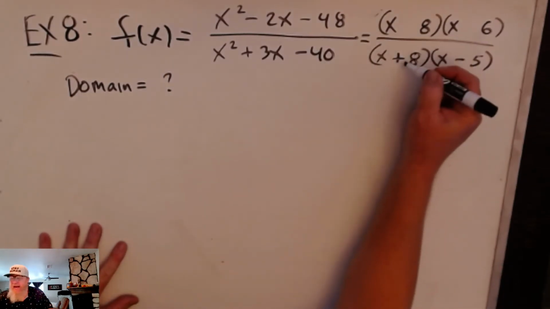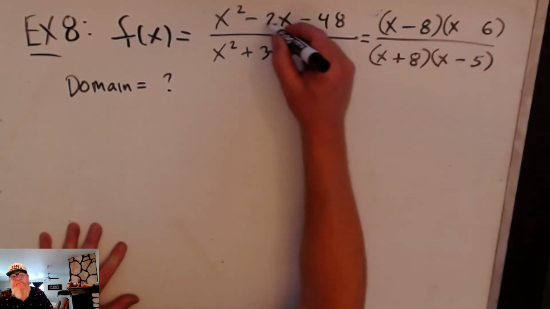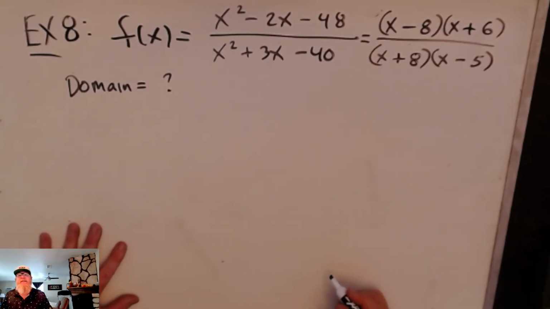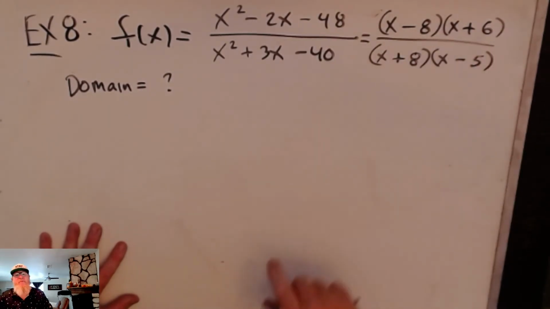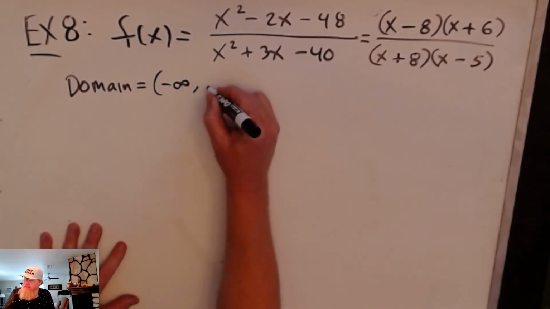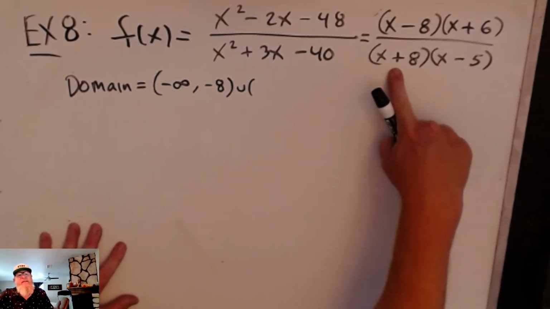So it looks like we're going to get a removable discontinuity, but when we put in the signs, it's -8 and positive 6. So there is no common factor, so there's no hole. So the domain, -infinity to -8. Remember the opposite of this, because you're setting this equal to 0.